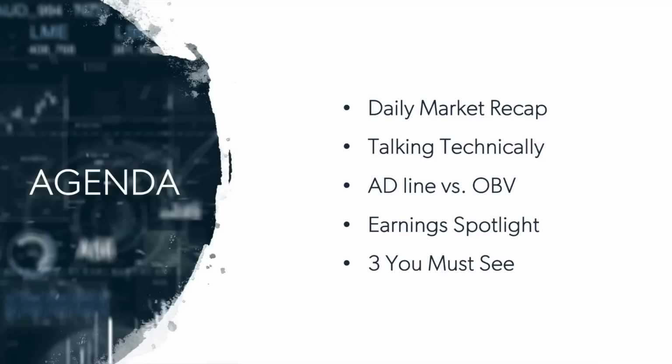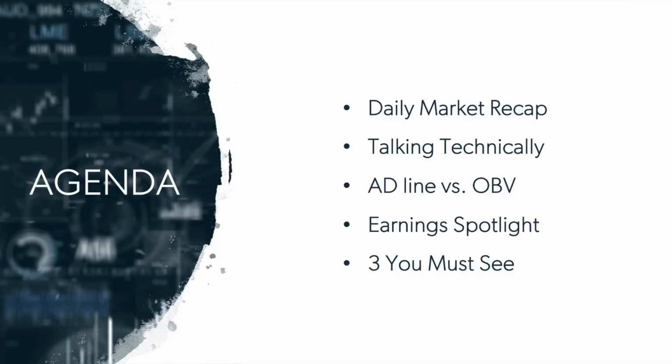Before we get started today, let's walk through the agenda. For today, I'm going to go through the daily market recap, talking technically. The AD line versus the OBV. If you're not familiar, accumulation distribution line and on balance volume are kind of the same, but I'm going to show you a chart that shows you why they're different, and then you can decide which one you prefer.